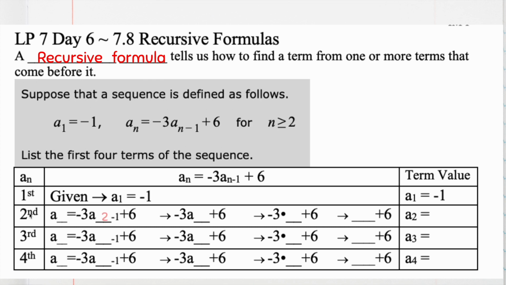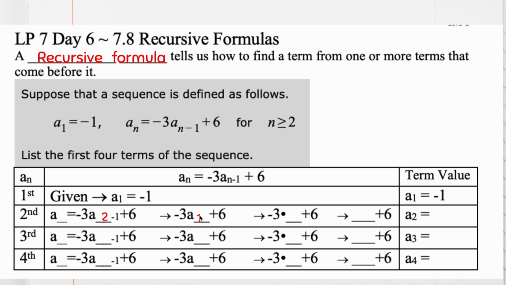The second term, A2, equals -3 times A, and it's 2 minus 1, which is 1. Remember, that's a little denotation, the subscript, not 2 minus 1 in parentheses up top.